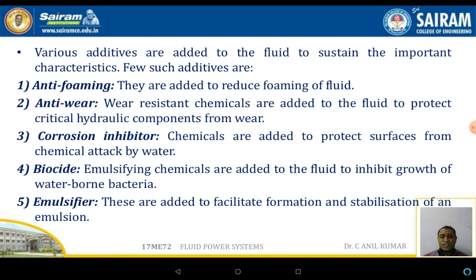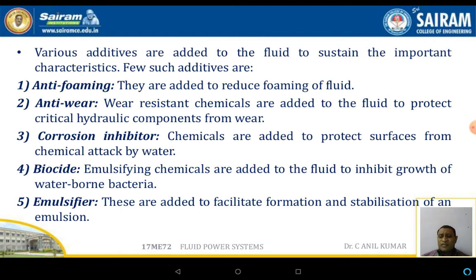As we know, the systems work at high temperatures. Because of this, there may be water inclusion into the oil. Once water starts entering the oil, as most of the systems and system components are made of iron or ferrous materials, these materials may start to corrode.